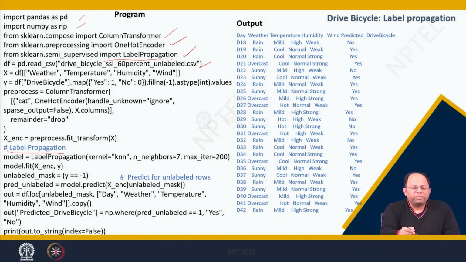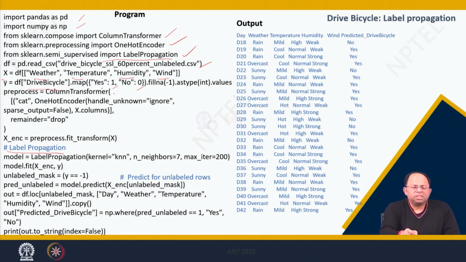And then we are taking the columns from df and storing it in X. So these are the ones which would be used for the model. And y is basically the decision to drive or bicycle or not. And it is mapped from yes becomes mapped to 1, no becomes mapped to 0. And if there are empty values, it is getting converted into integer and so on.